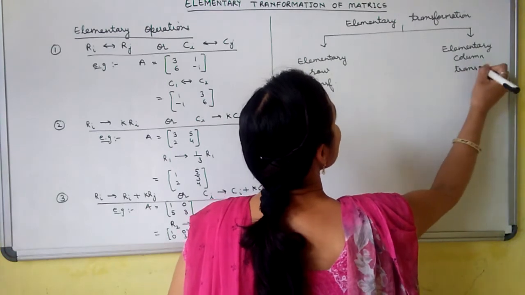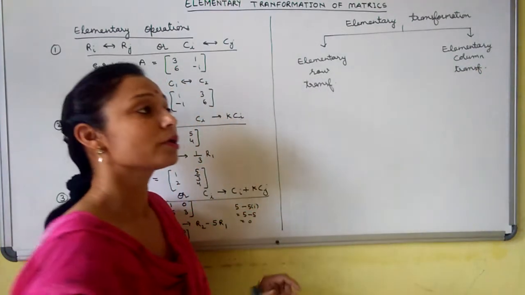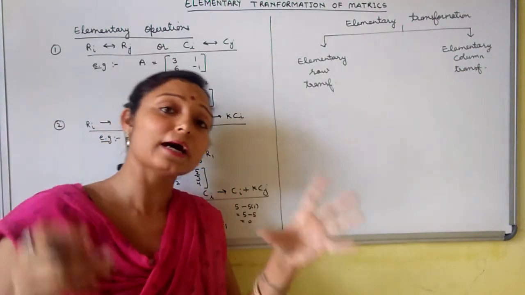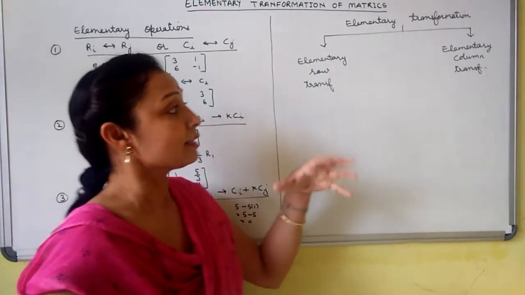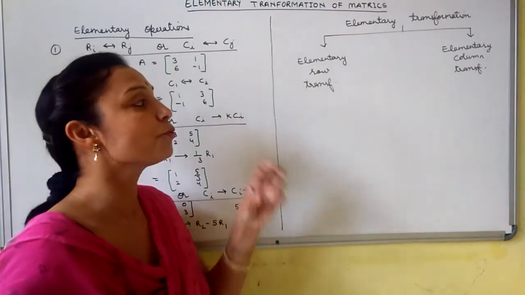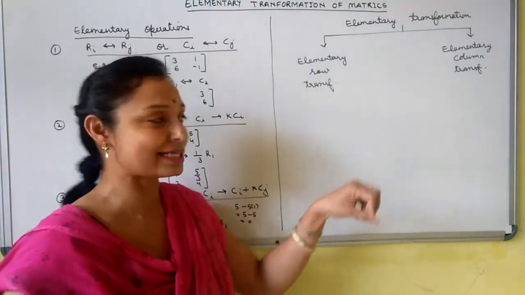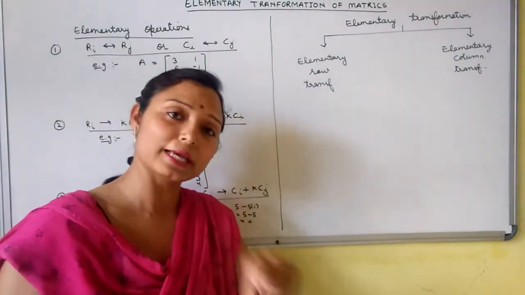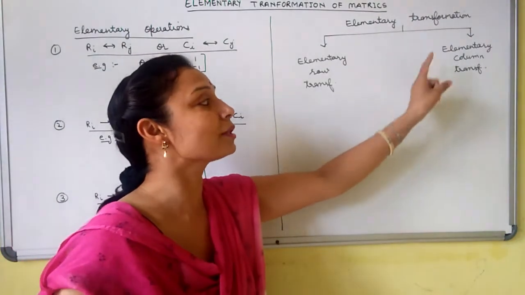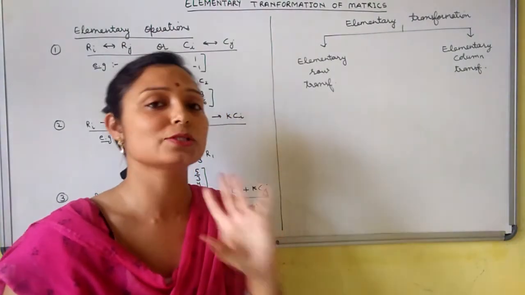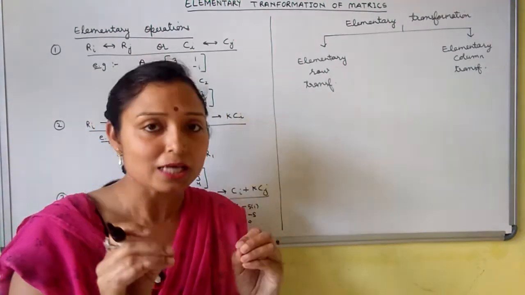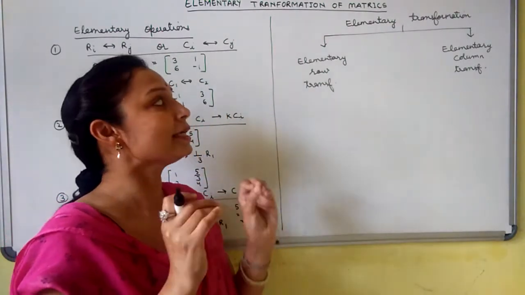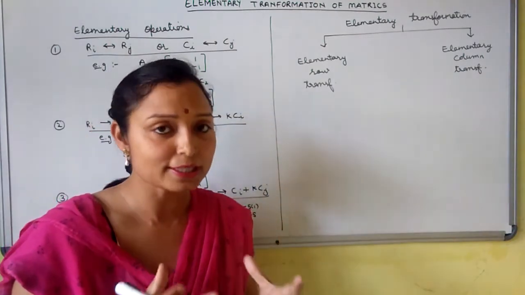It is not told to you that you have to do it by row only. It is totally your choice. If you want to solve the question by using rows, you can solve. If you want to solve by columns, you can solve. The CBSE examiner only asks you to find the inverse using elementary transformation.